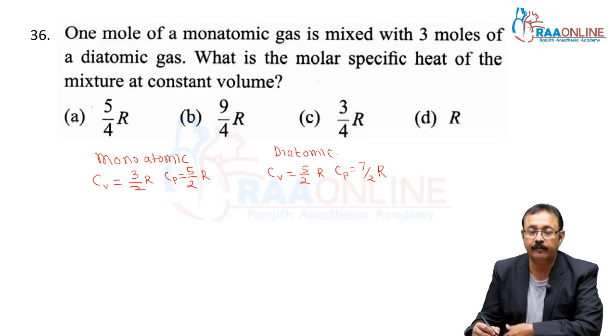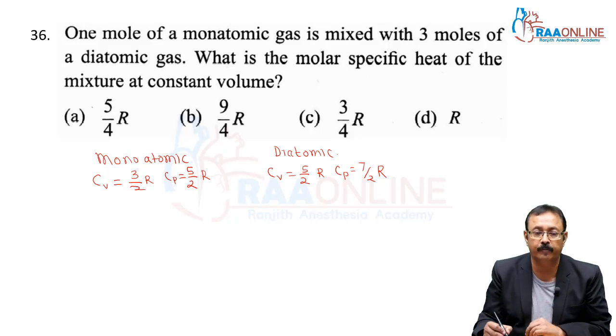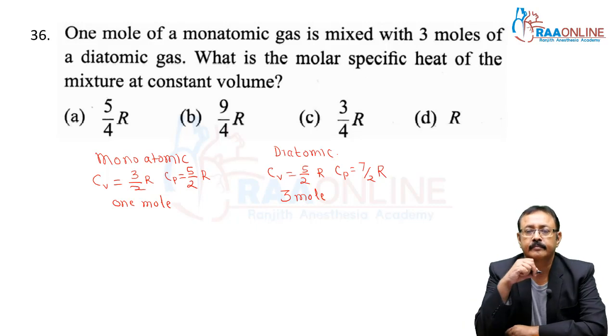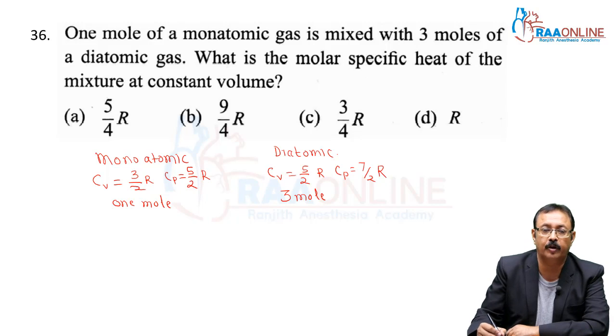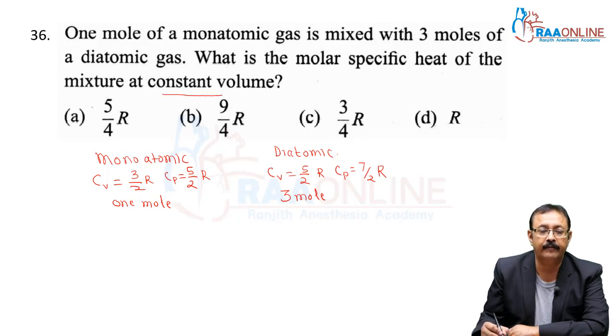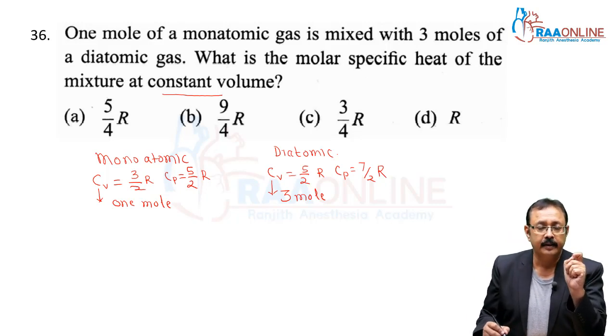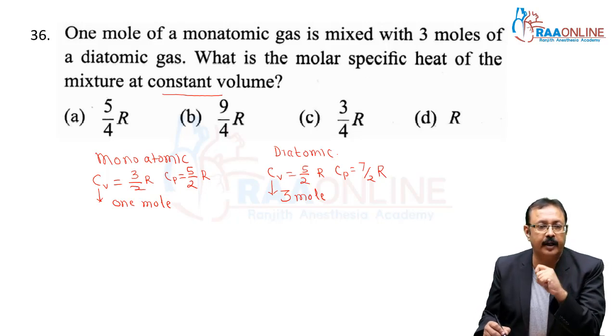Now in our mixture we have 1 mole of monoatomic and 3 moles of diatomic. We want to calculate molar specific heat at constant volume. So we have to focus on this part only. 1 mole of gas needs 3 by 2 R energy to increase its temperature by 1 Kelvin.